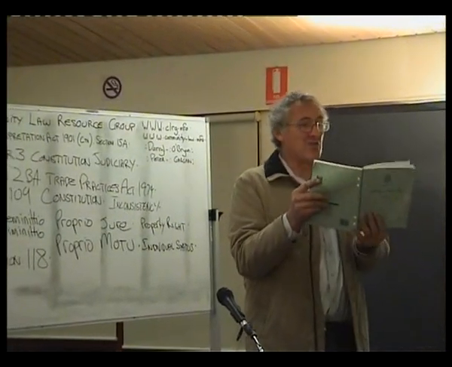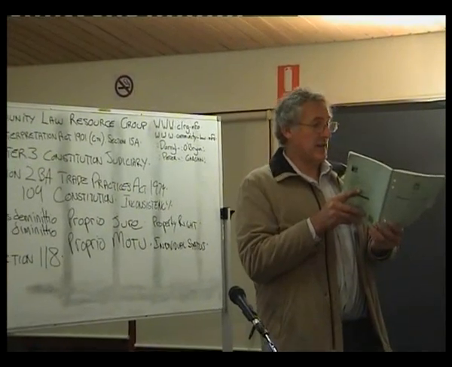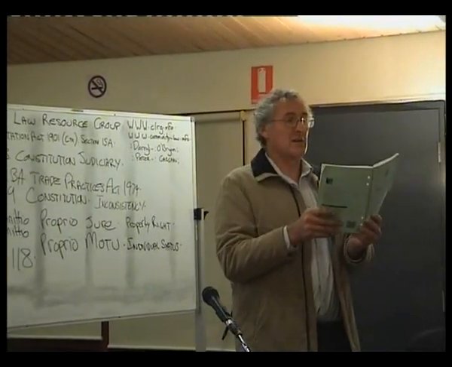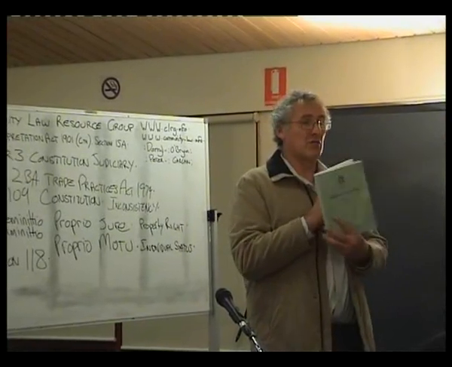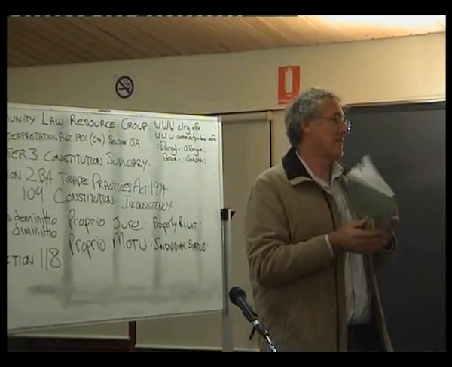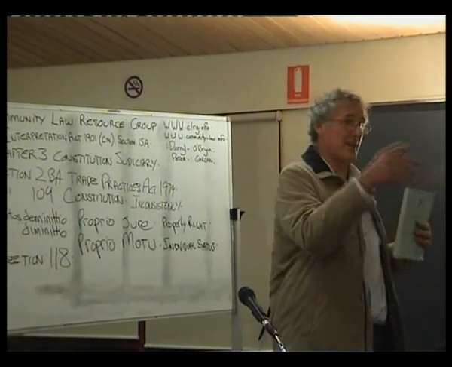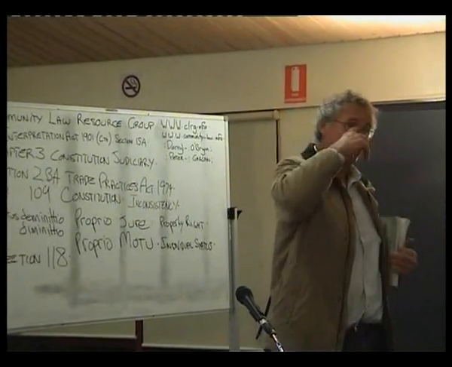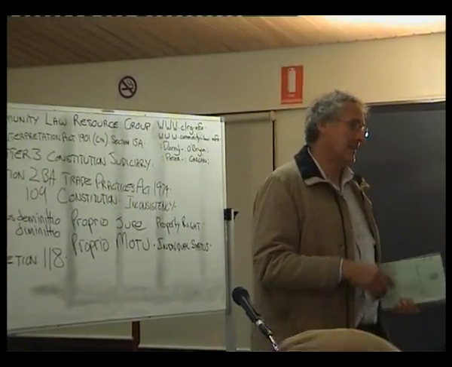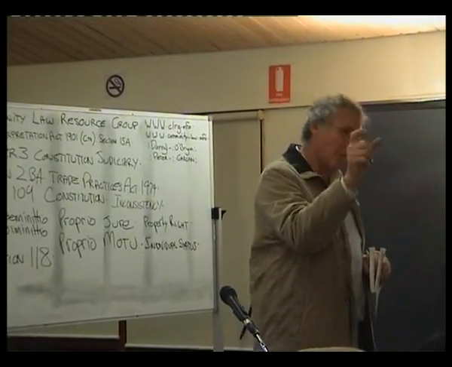The court does not have any jurisdiction in any cause of action with respect to any royal prerogative. Every clause 5 in the Constitution Act. Do we understand what I've just read out? No. Royal prerogative. Royal prerogative.